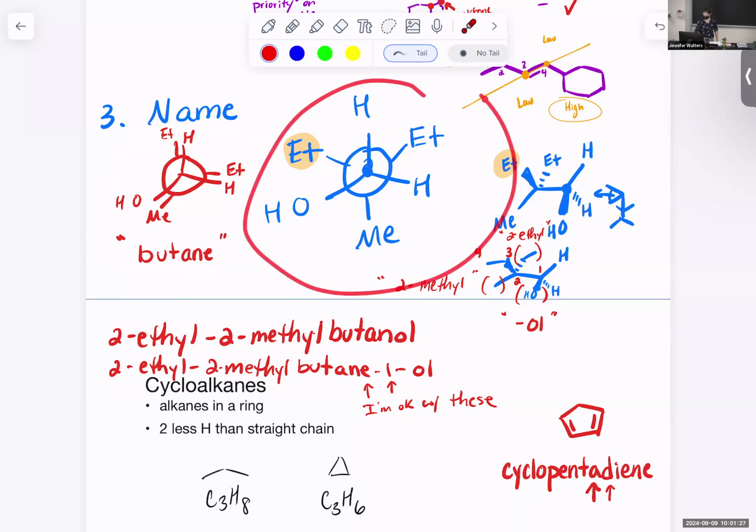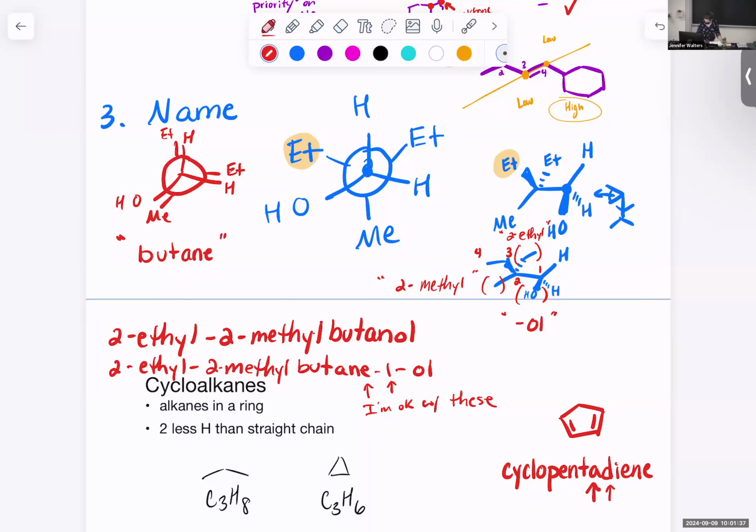Then within our staggered conformation, we have the gauche interactions, and that's going to be between two non-hydrogens. So my gauche interactions here are just those two. My anti-conformation, I don't really have one here, but it essentially is that, because this is where I get the lowest.